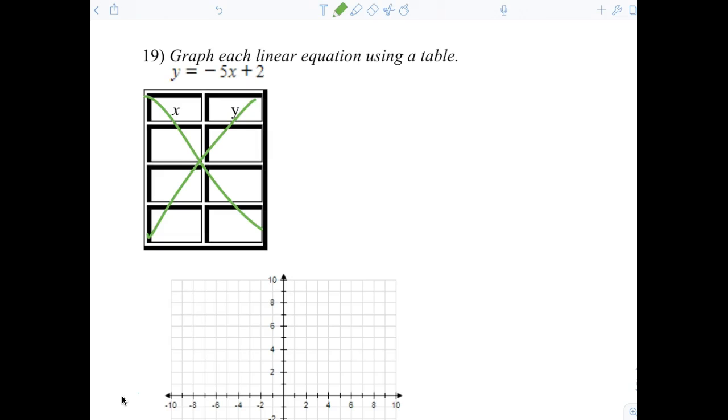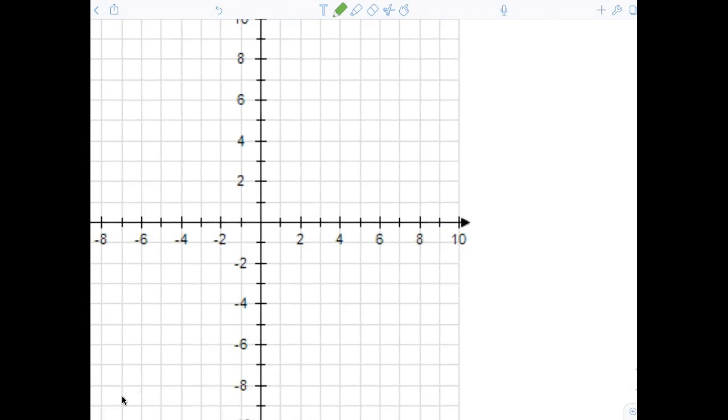Now look, I'm not doing it necessarily on here, but everybody should have it done on yours. So you plot +2, plot a point, down 5, over 1, and then you're graphing the line. That's what you're doing. Do you have a problem with that? No, I got that.